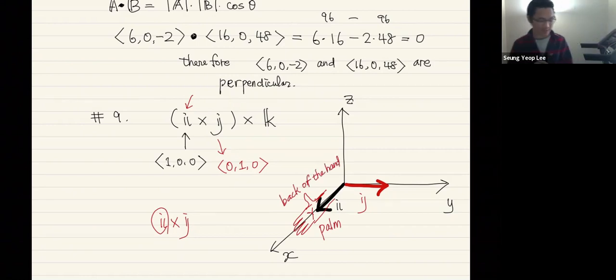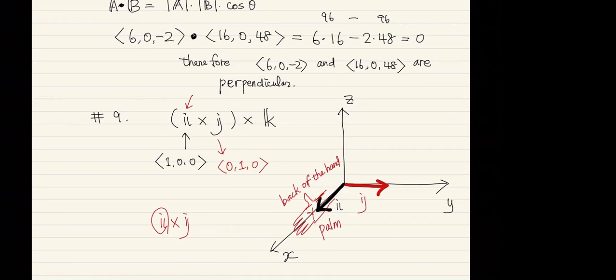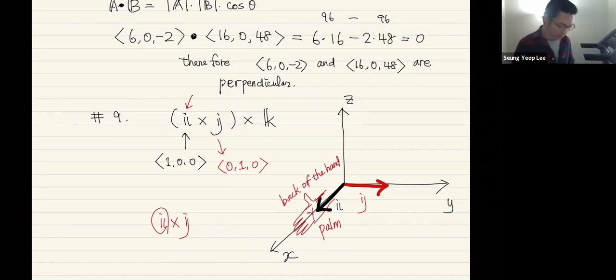The palm is facing the other vector. That's a better expression, I have a problem with English.